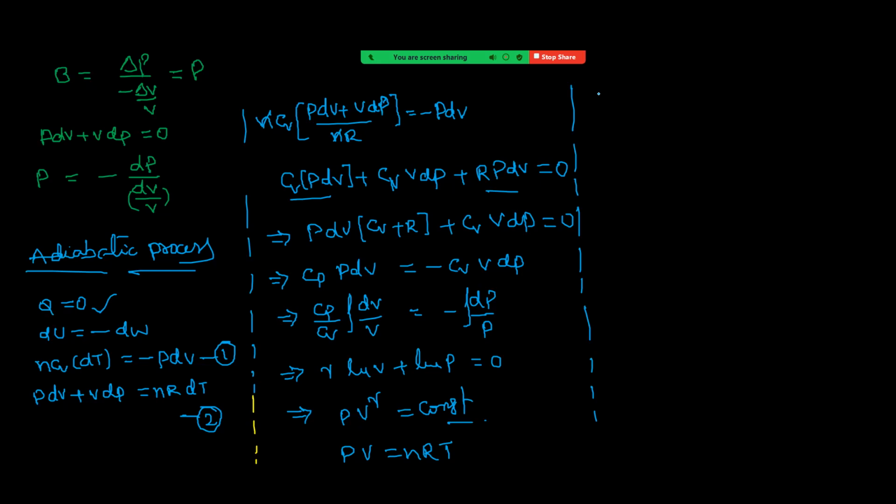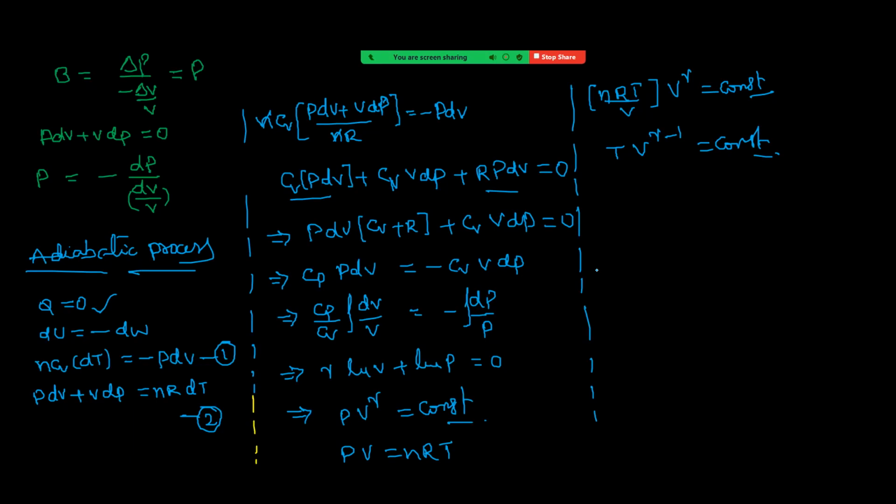In the place of pressure, we can write nRT by V, into V power gamma equal to constant. nR is constant, this is V power gamma and this is V. So remaining is T V power gamma minus 1 is a constant. One more result. So in terms of P and V, in terms of T and V, and remaining is now in terms of pressure and temperature.